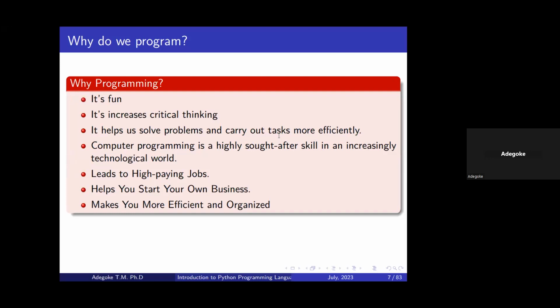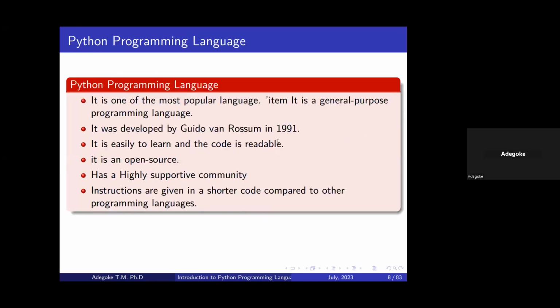And programming is a highly sought after skill. It is a skill that they look for. When you look at job adverts, they will tell you they need a data analyst that can actually use some statistical packages. And also, if you are looking for money, we can get it through programming language.